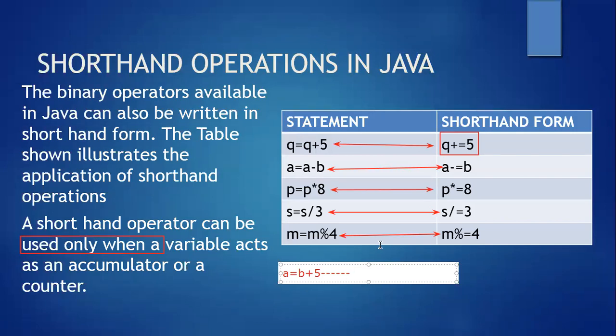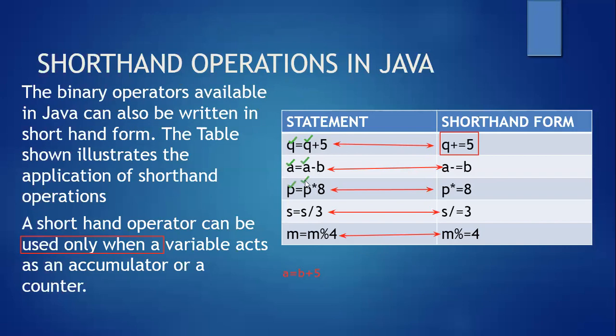If I want to use the shorthand form, I have to ensure that the accumulator and the variable are the same. A is equal to A, P is equal to P, S is equal to S, M is equal to M, and then whatever operation we are doing. Only in this case can you use a shorthand form. If you write A is equal to B, then you cannot use a shorthand operator. Clear? Is everyone getting it? What is shorthand?